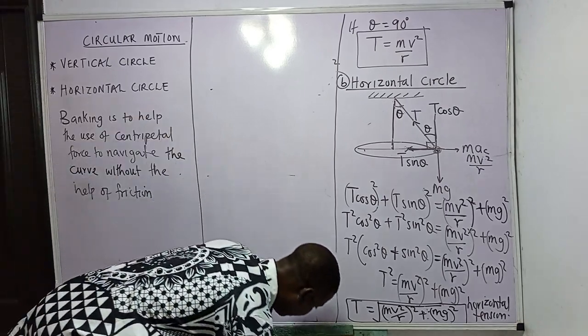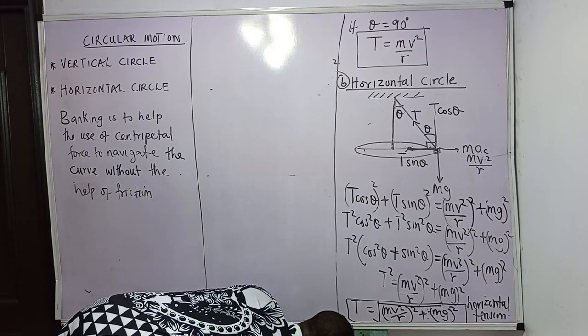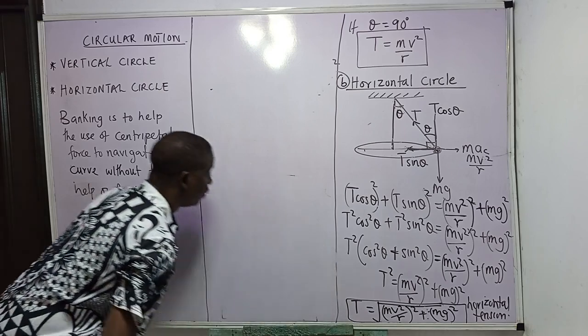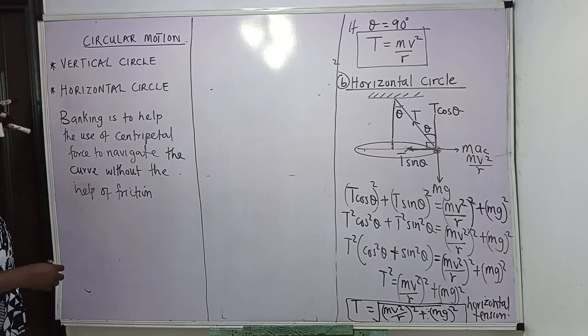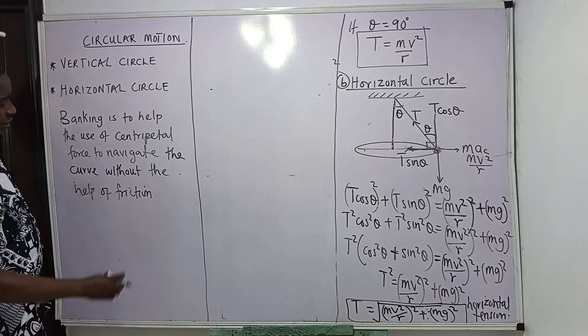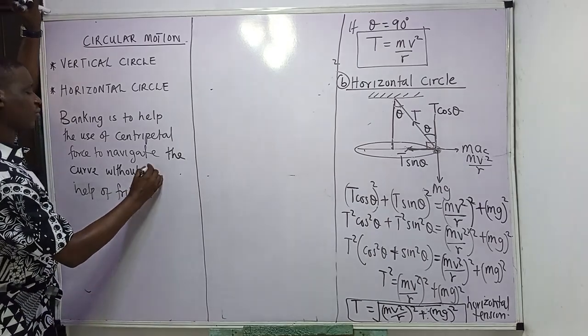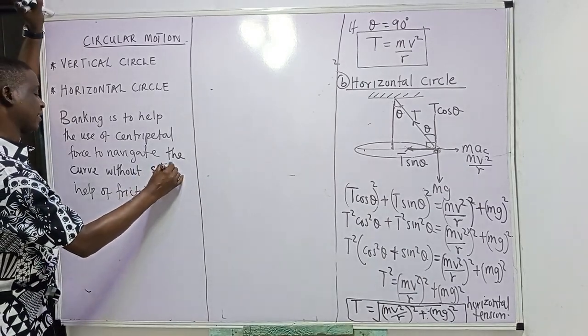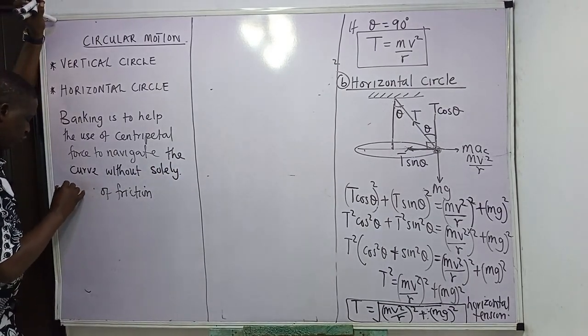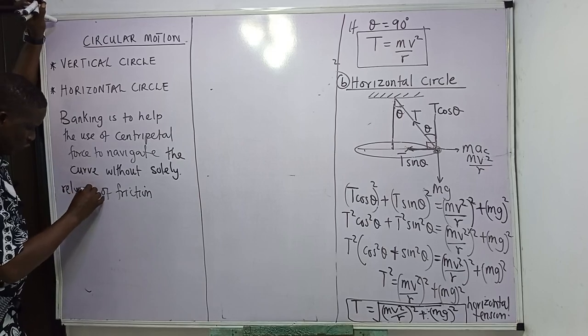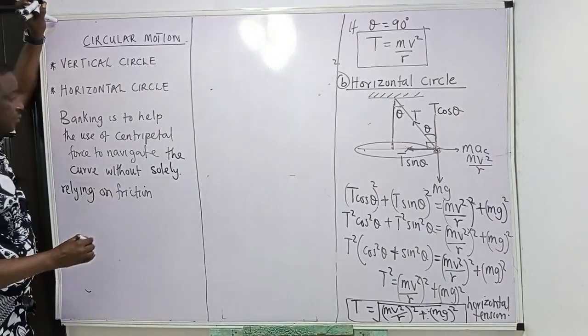Now in the exam, if I say without friction, it might be too harsh. What about if we say without solely relying on friction? You can say without solely relying on friction.